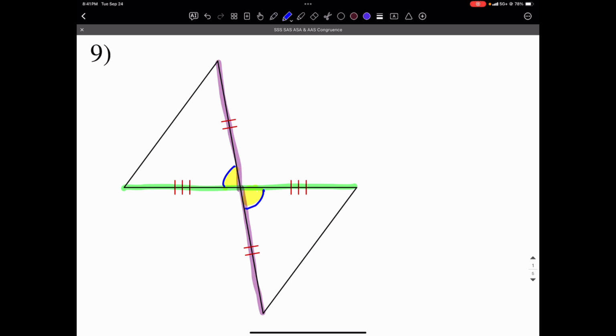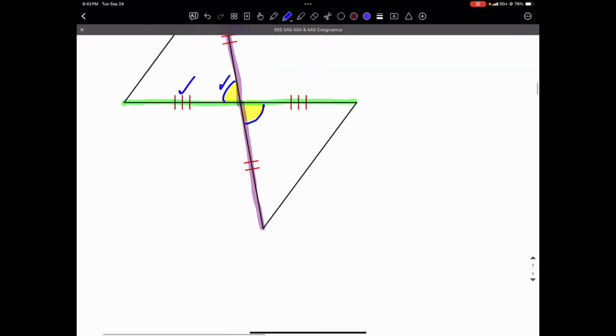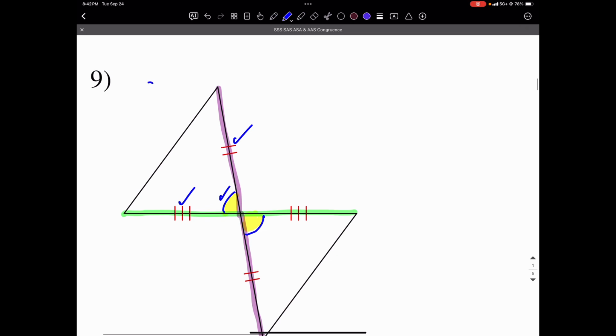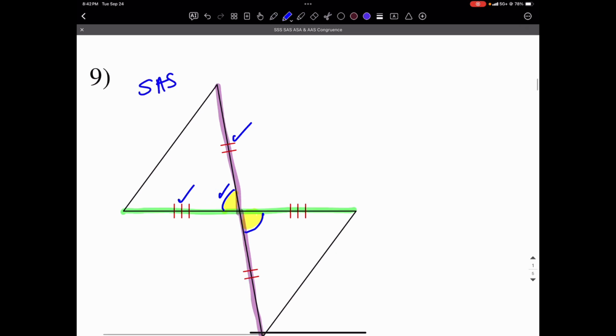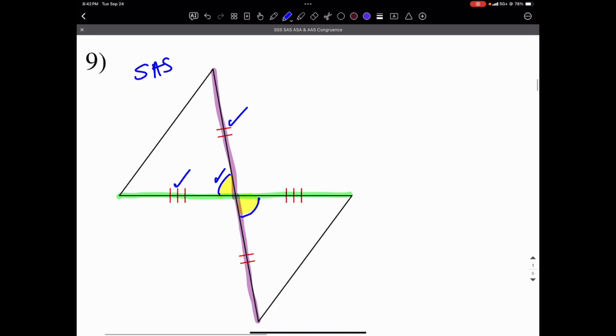Now, this one, you have a side, check. You have an angle, check, and another side. So this, of course, would be side, angle, side. The thing that's important is that the angle, this angle here, is in between the two sides.